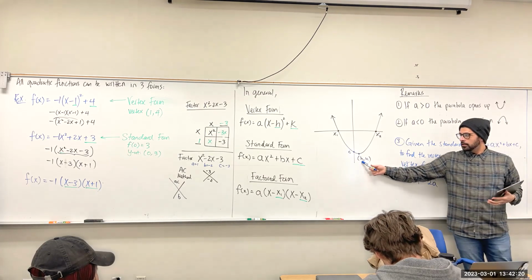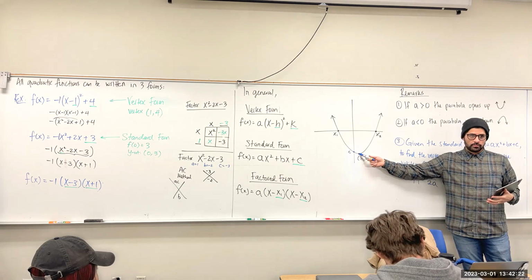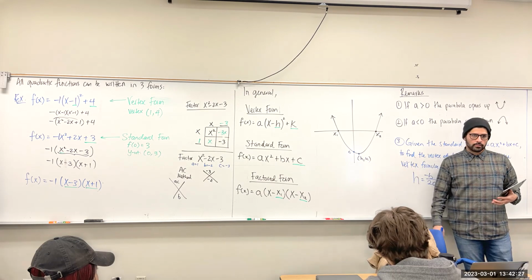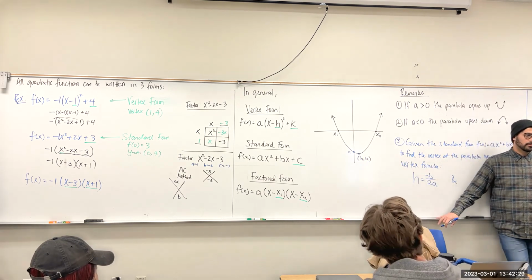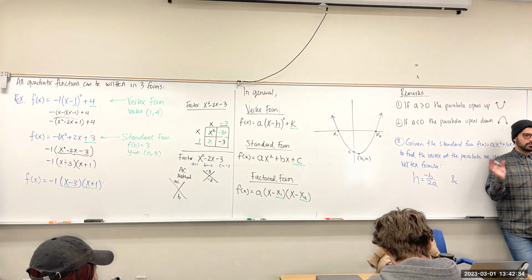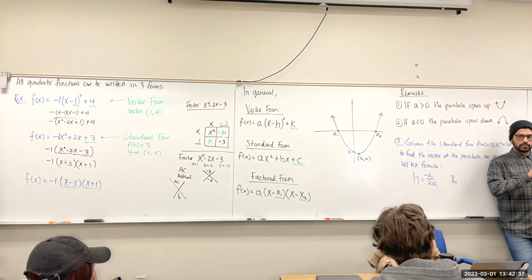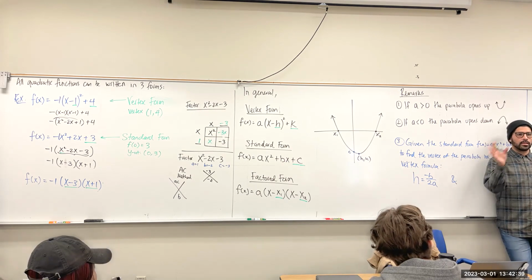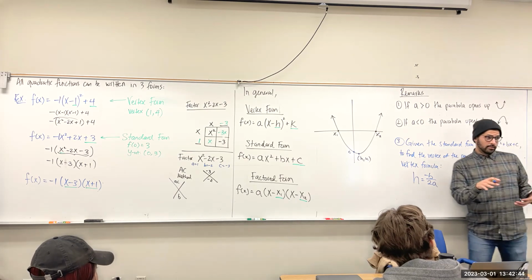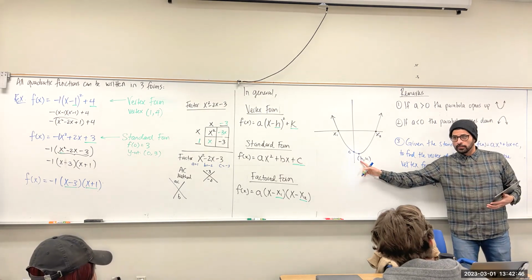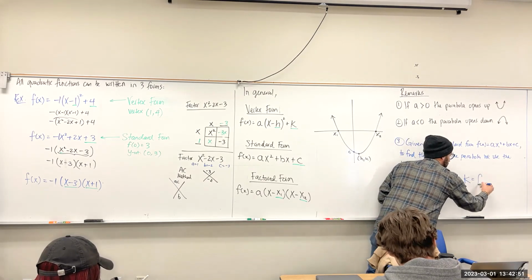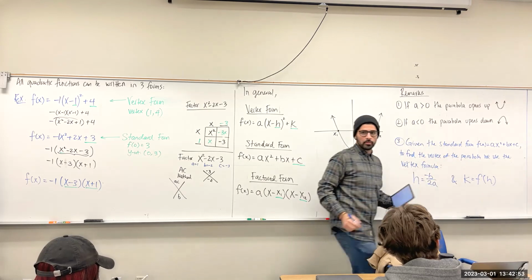If a point lies on the graph of a function, what's the relationship between the x coordinate and the y coordinate? No, not quite. Think of inputs and outputs. x is the input and the y coordinate is the output of which input? Of that guy, right? So if I know my h, to find my k, I literally just plug that h into f, and that gives me my k.